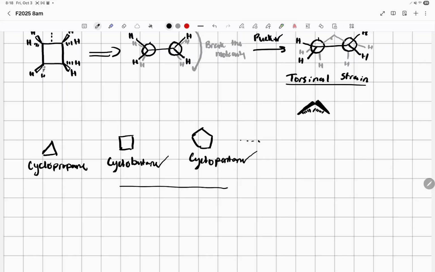So we have more torsional strain as we remove carbons, as we have a smaller ring. As we add carbons, there's more opportunity for the carbons to wiggle around and relieve that strain.